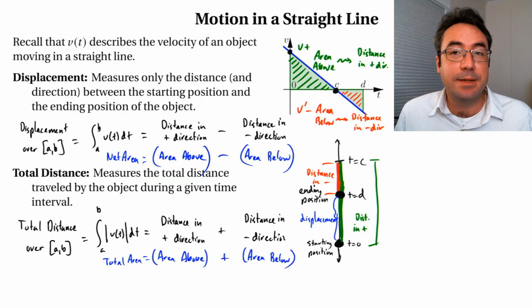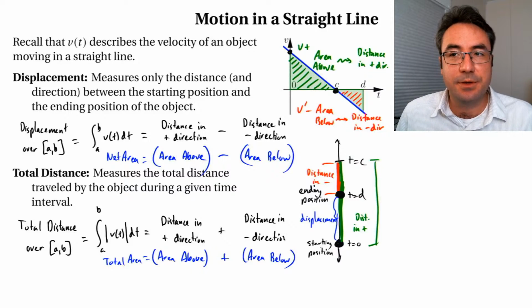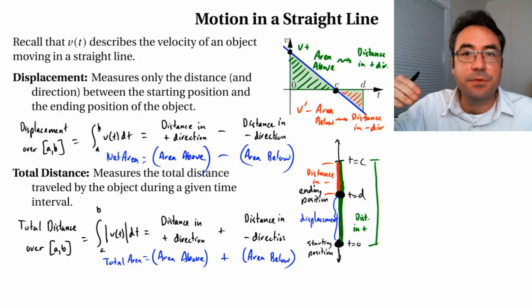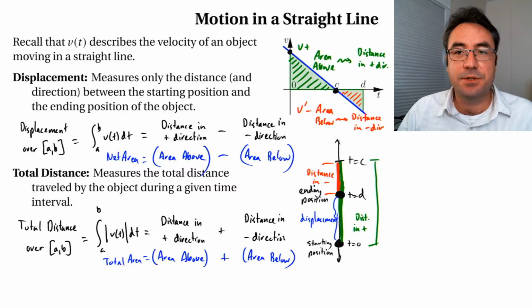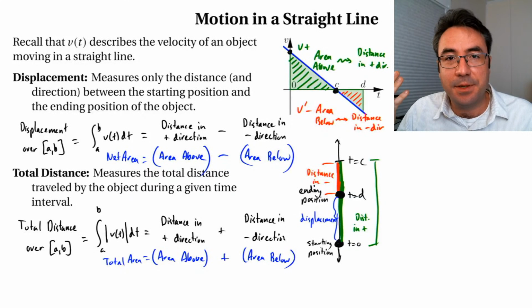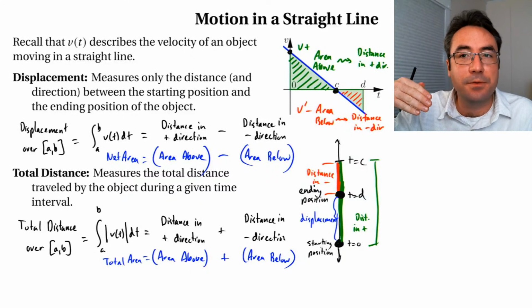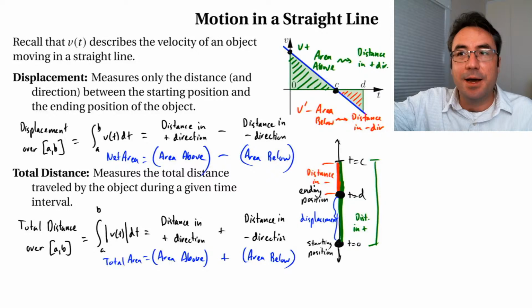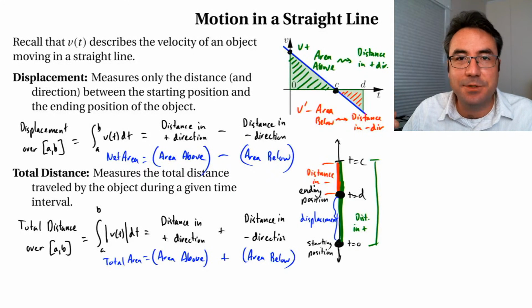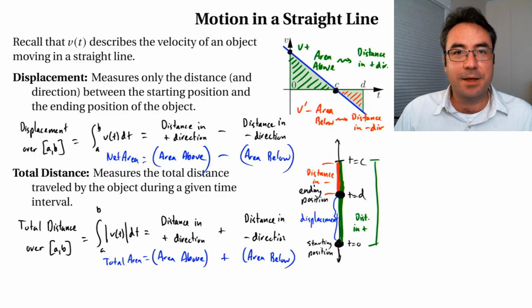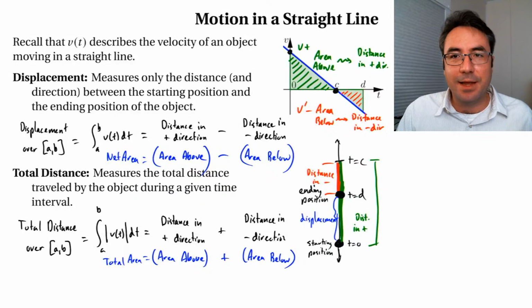Usually, not always, for an object that's moving back and forth, the total distance it travels is going to be larger than its displacement. If you're pacing around, you've walked a whole bunch more than what your displacement indicates.